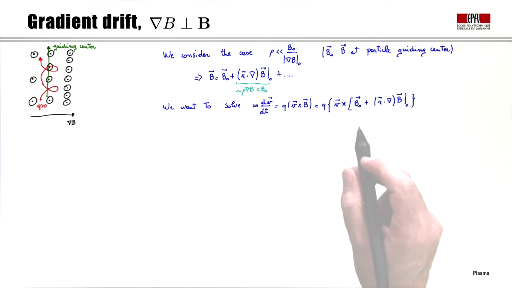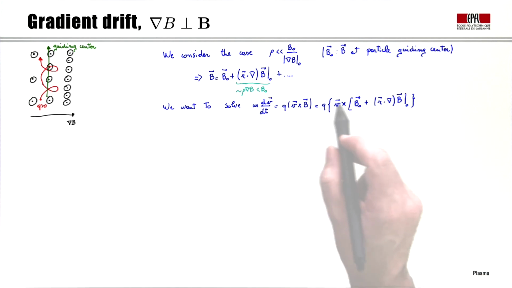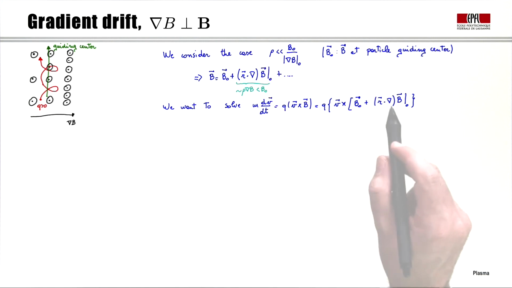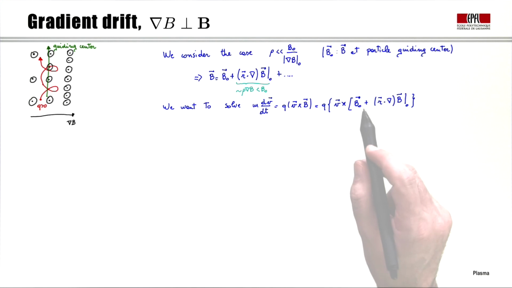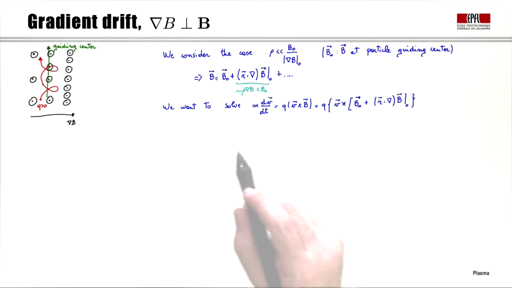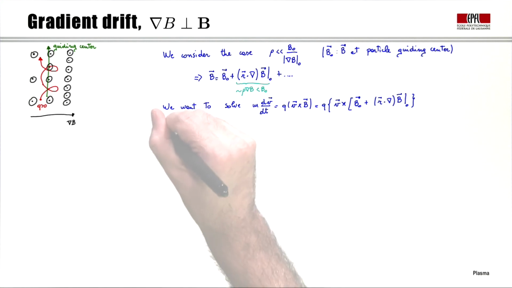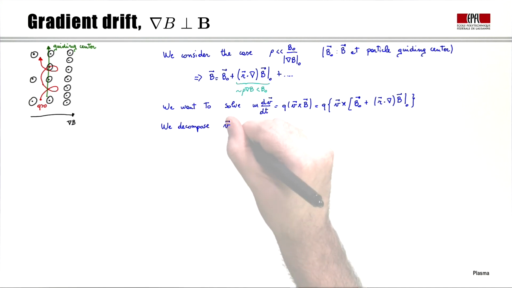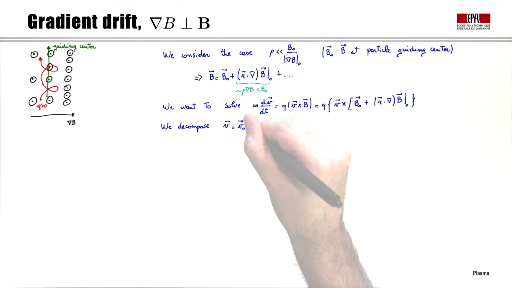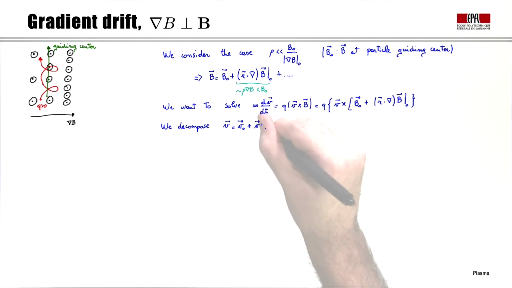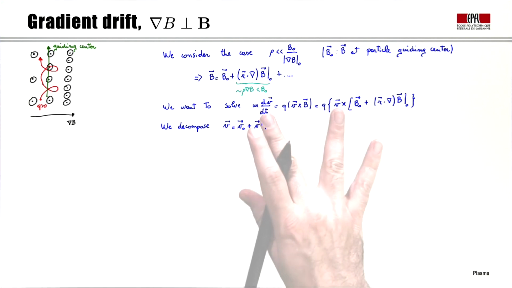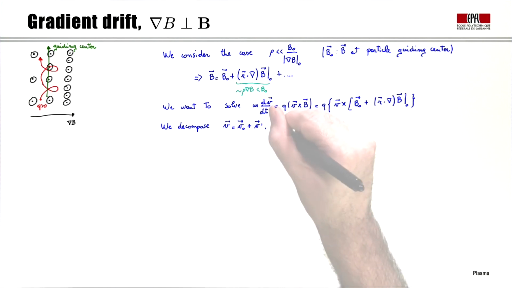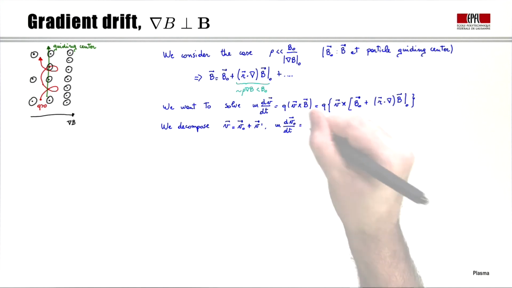Now, if we look at this equation, we notice that, because of this ordering, this first term will be much larger than the second one. Therefore, we decompose the velocity as the sum of a velocity that satisfies the leading order term of this equation plus a perturbation, where V0 is the leading order term, the one that satisfies the first order term here of this equation.